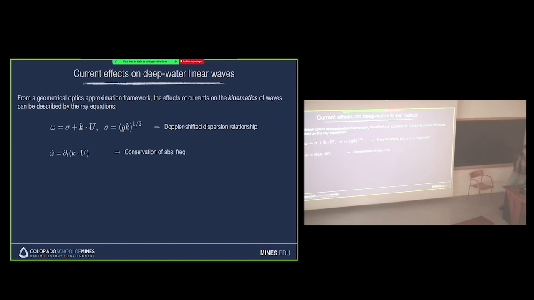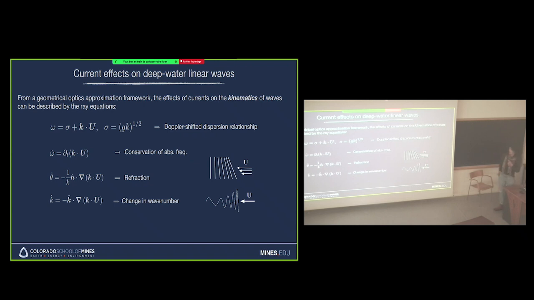We also see currents in the conservation of absolute frequency, and for this talk, this term will mostly be zero because there is no time dependence in U. Current gradients come into play by changing the direction of waves, or refraction, and also by changing the wave number, or as Fabrice likes to call it, the concertina effect. And finally, currents can also change the speed at which wave action is advected.